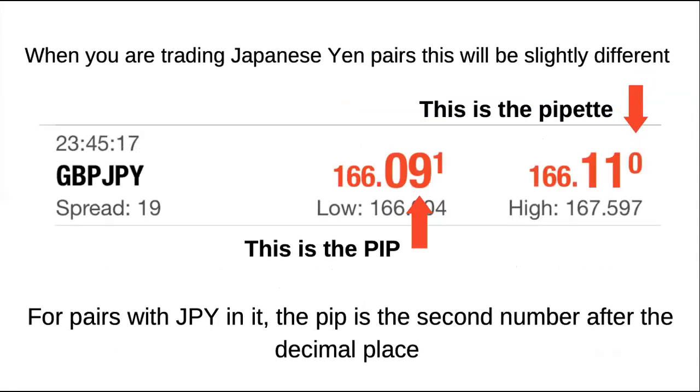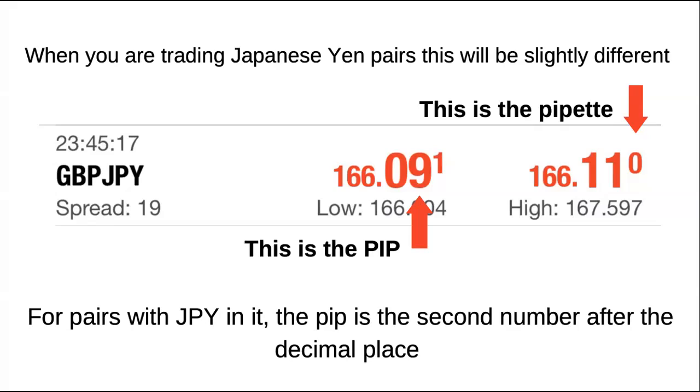When you are trading Japanese yen pairs, it'll be slightly different. You'll see here that before the decimal place, there are 3 digits. After the decimal place, there are 2 digits. And then that last decimal place is the pipette. So you'll see in this case, you have 166.09, the 9 is the pip.